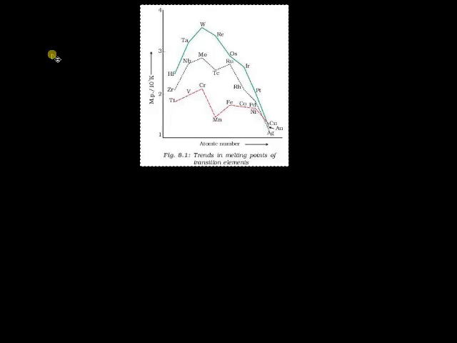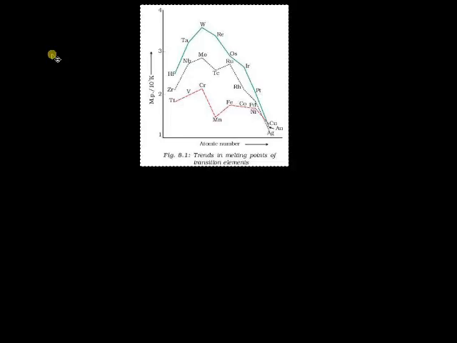You also observe that manganese and technetium have a depression in the graph, isn't it? That is because of the stability of the half-filled d orbital. And obviously the last group of transition metals, which is not shown here, that is the 12th group, the elements zinc, cadmium and mercury, are very soft and have low melting points because they do not have unpaired electrons and their d orbital is completely filled.